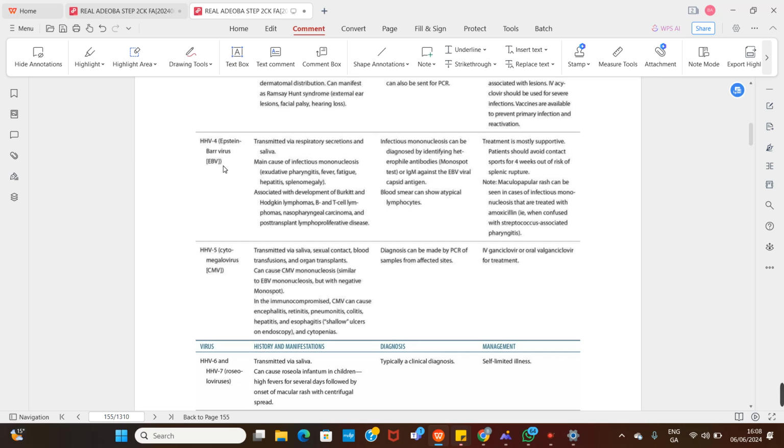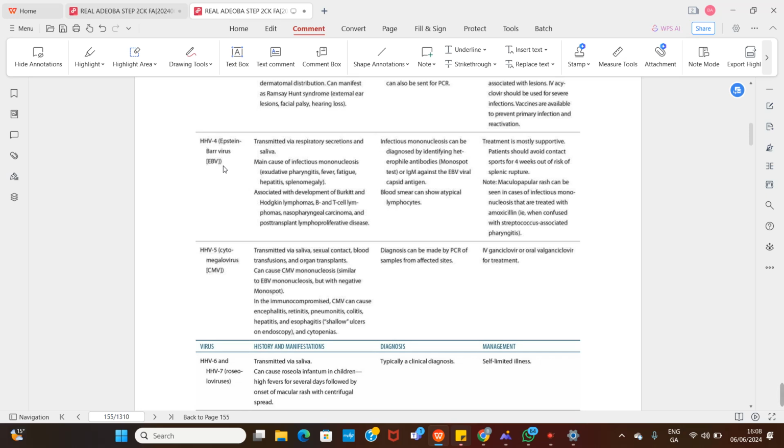These antibodies have the ability to agglutinate sheep or horse red blood cells. So if you mix the serum of an individual with Epstein-Barr virus infection with red blood cells from a sheep or a horse, there's going to be agglutination. So that's a monospot test, right?